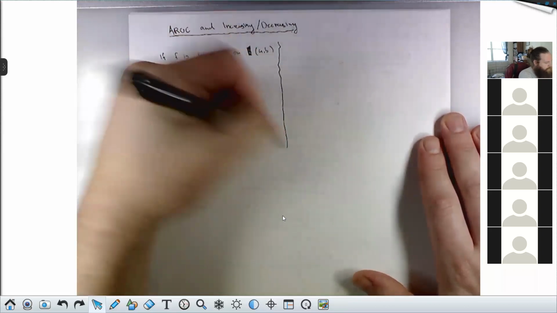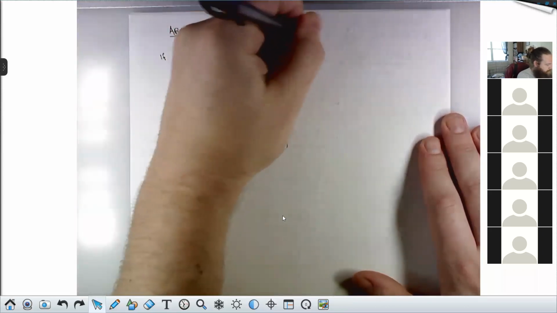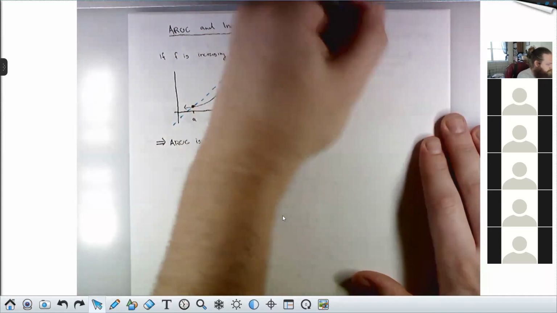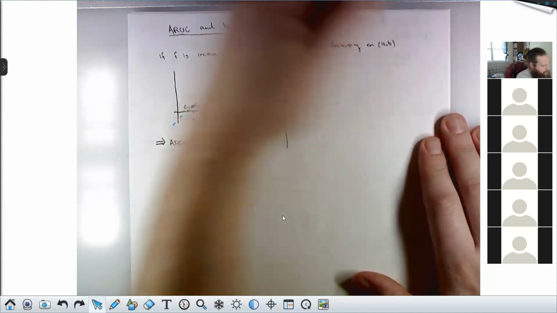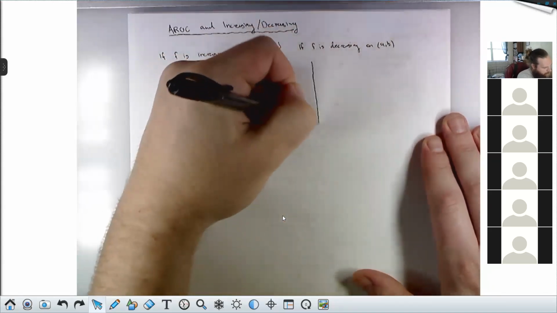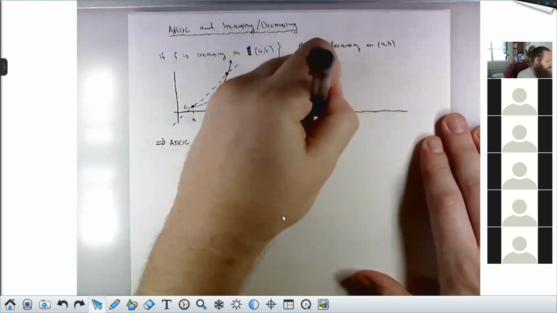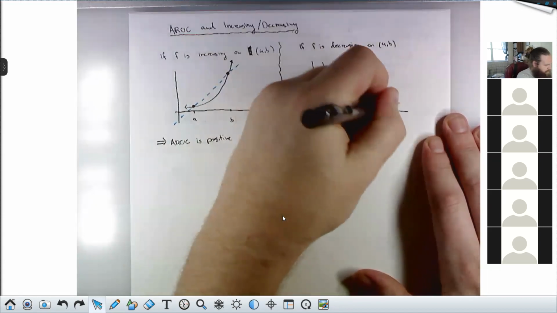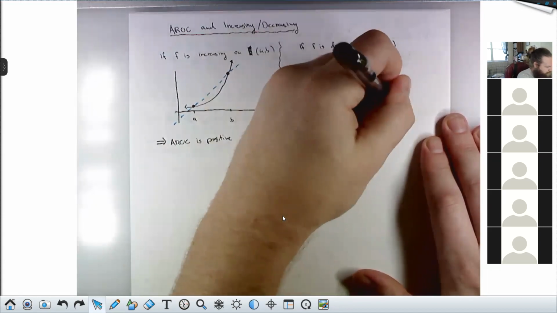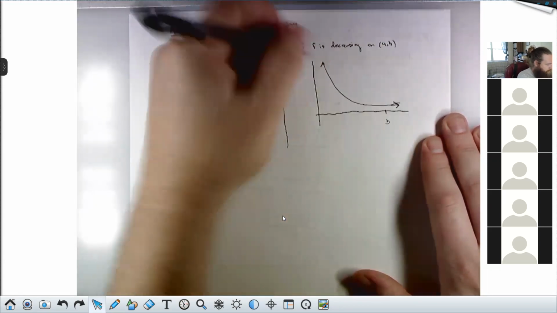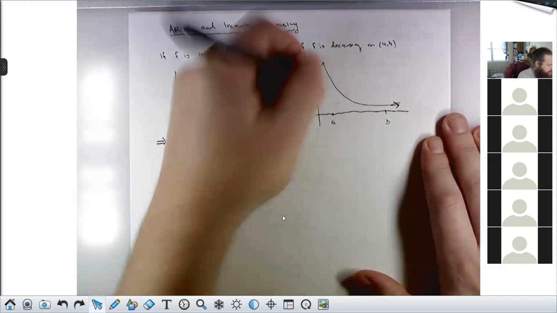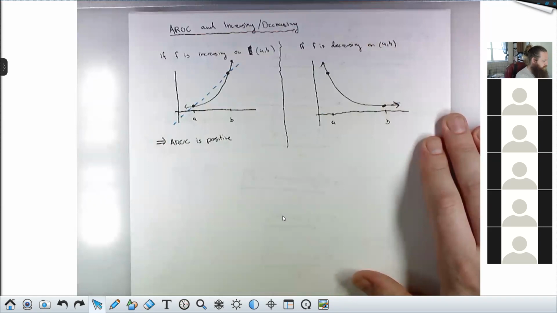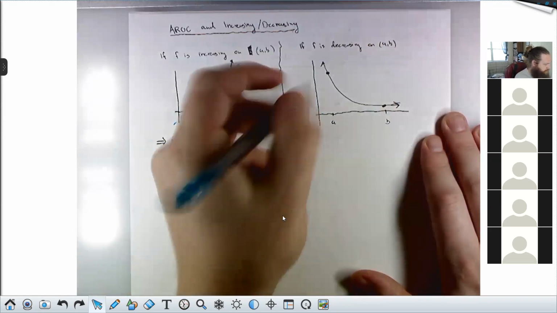And kind of thinking about it the other way, if f is decreasing on the interval AB, then that average rate of change has no choice but to be negative.